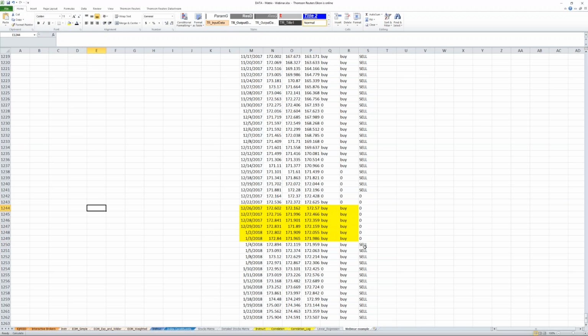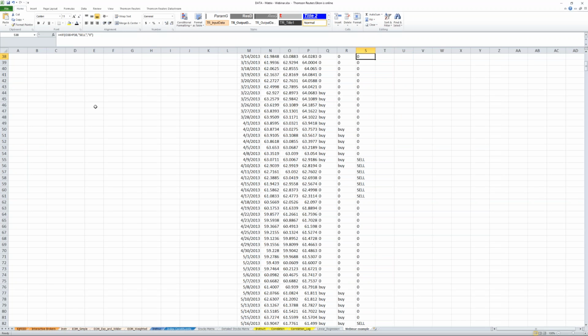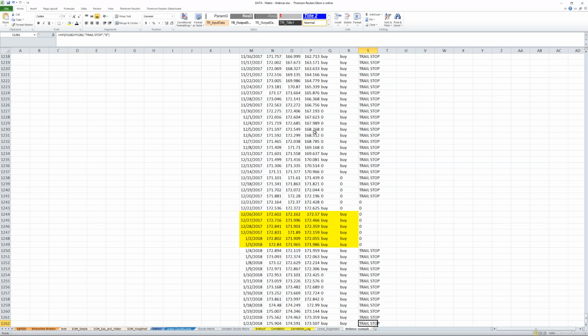And this here would be a sell signal, or a reduced risk, or a limit, or trailing stop. Let me change it to, instead of selling, I would say trail stop.